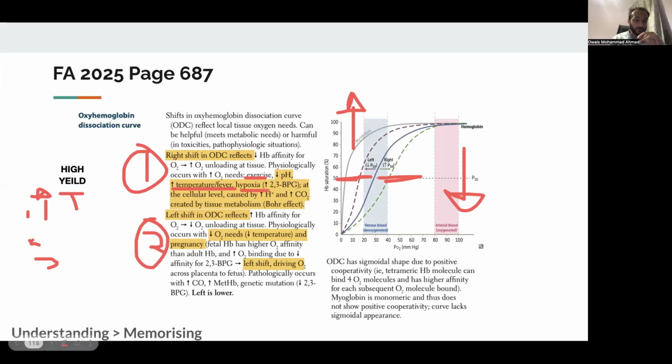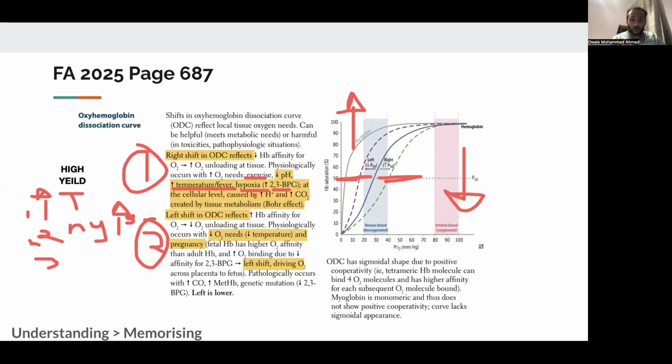It's going to lead to an increased amount of glycolysis. With increased glycolysis, we get a thing called 2,3-bisphosphoglycerate at the cellular level. And that essentially leads to less affinity of O2 and hemoglobin, and more O2 goes to the blood.